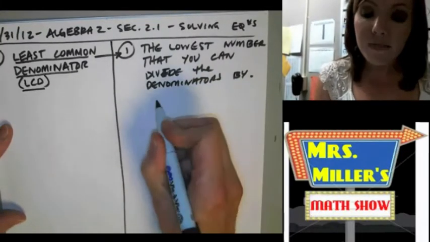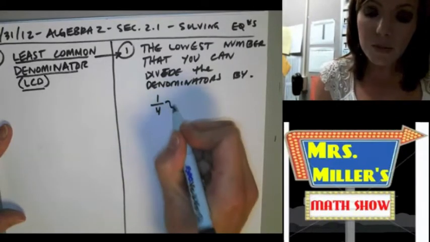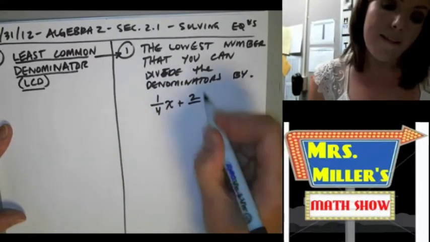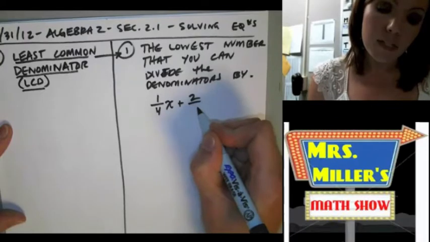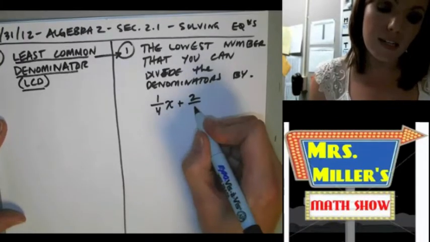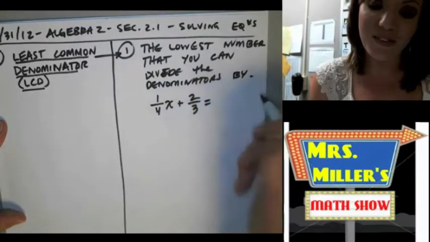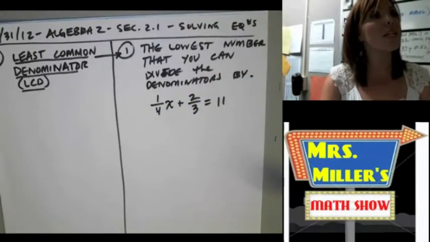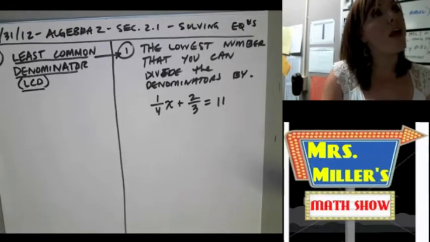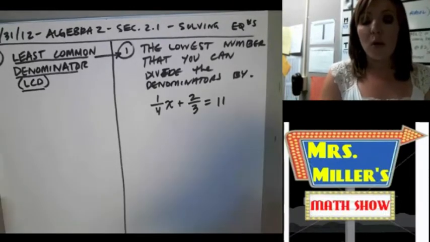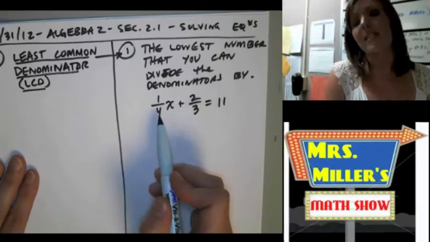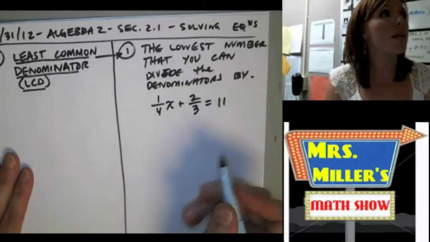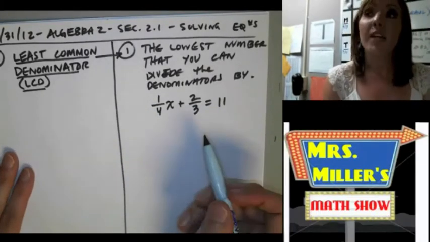Okay, so in a fractional expression, let's say we have something like 1/4 x plus 2/3 equals 11. The goal here is to look for a number that you can multiply by to get rid of those denominators. So, in other words, Tyler?